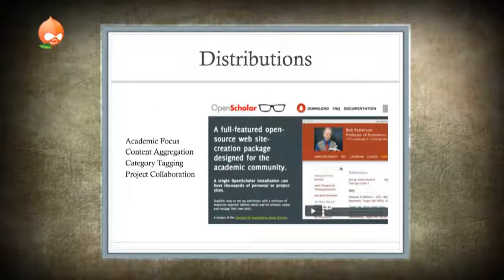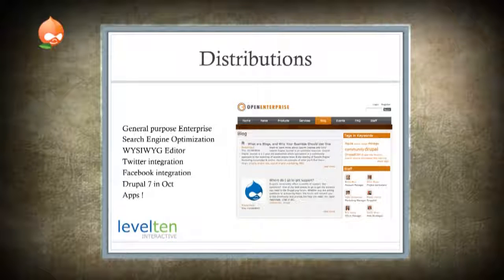Open Scholar is for academic focus. If you want to see how content aggregation is done, category tagging, project collaboration, that's all part of one called Open Scholar. At Level 10, we have our own called Open Enterprise. Since we've been through the SEO tools, if you want to see how SEO is done in Drupal, how to install your own WYSIWYG editor, our Drupal 7 version comes out in October.